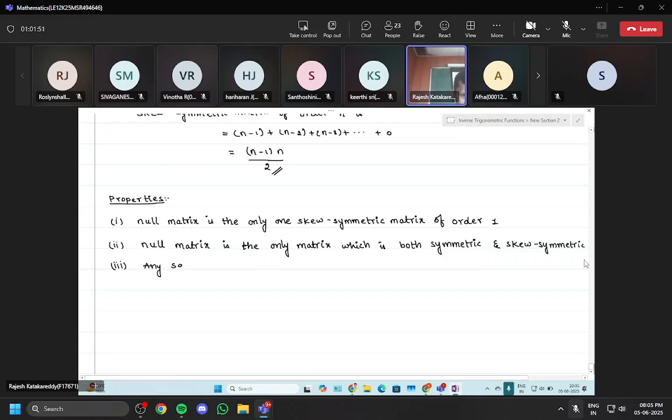Any square matrix A of order n can be expressed as the sum of a symmetric and a skew symmetric matrix.